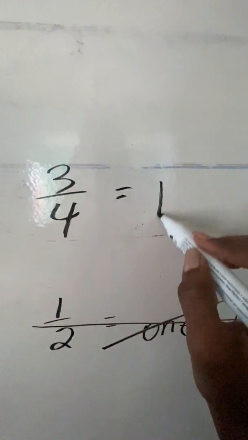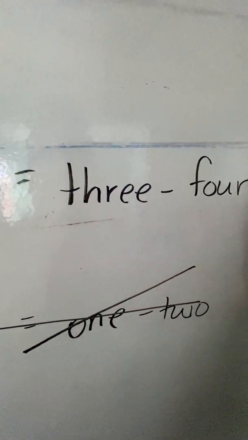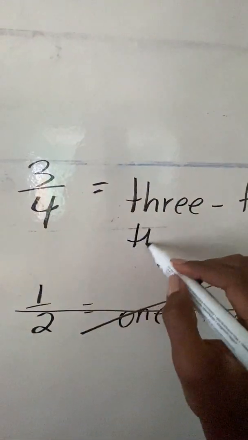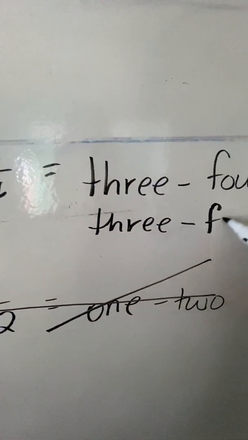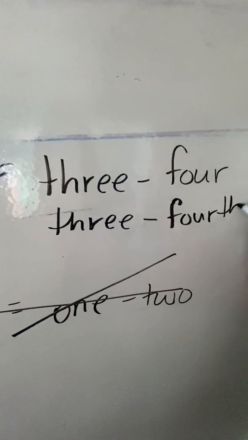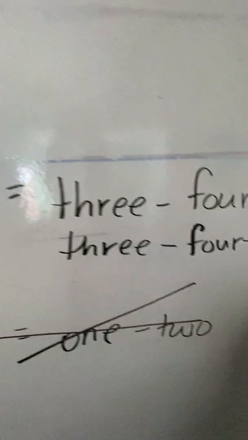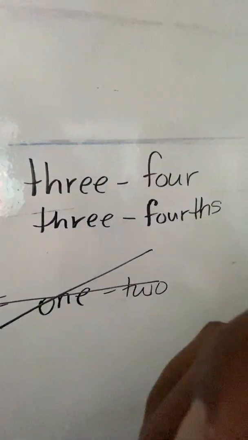Another mistake that I'm seeing is that people are writing three-four. This is not the right way. We have to write the numerator first, hyphen, fourth. With the TH, and because the numerator is more than 1, we go ahead and add the S, three-fourths. That will be the correct way.